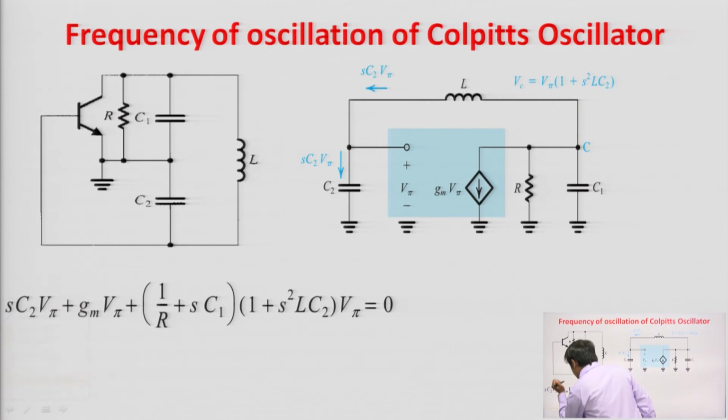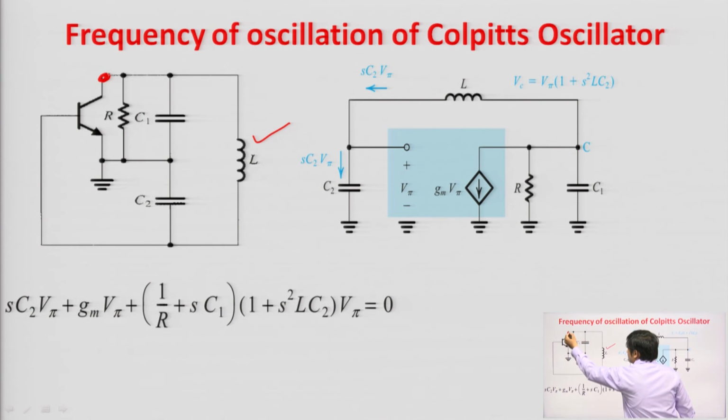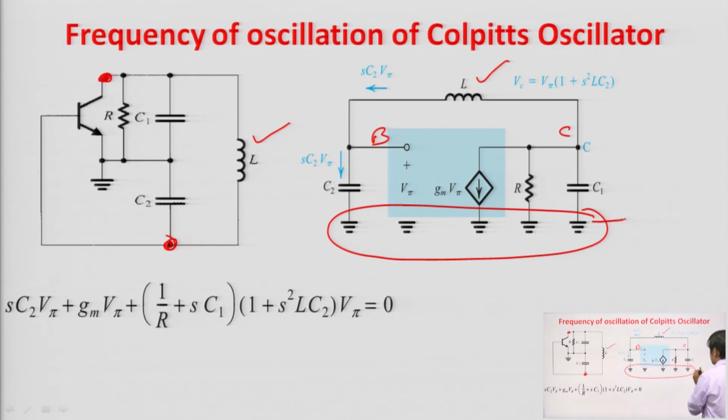Now, let us try to understand the equivalent circuit. The inductor L is connected between the collector terminal and the base terminal; the ground is your emitter. So, inductor L is connected between base and collector.